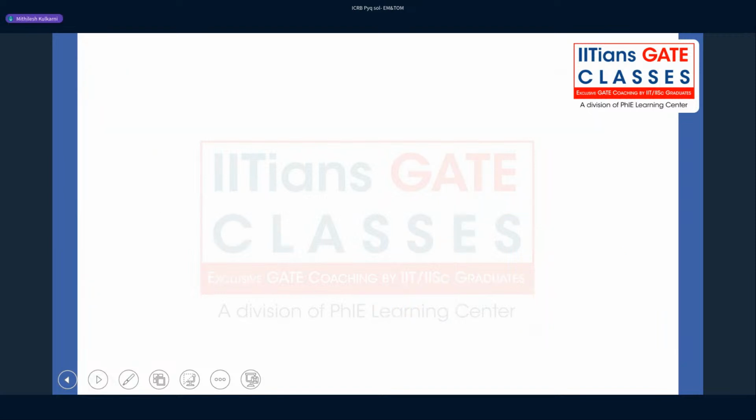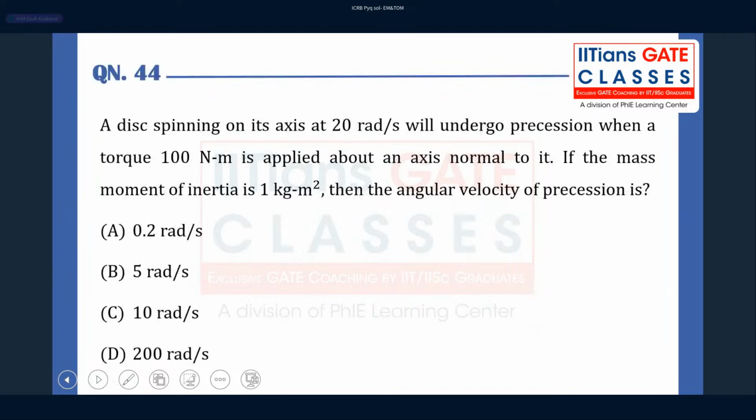Coming towards the next question. This is from the gyroscope topic. A disk is spinning on its axis at omega 20 radian per second. Omega is given.